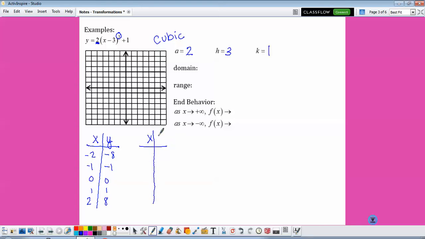The next thing we need to do is take our y's and multiply them all by our a value, which was 2 this time. So the x's stay the same, -2, -1, 0, 1, and 2. And all of these y's get multiplied by 2, so it'd be -16, -2, 0, 2, and 16.